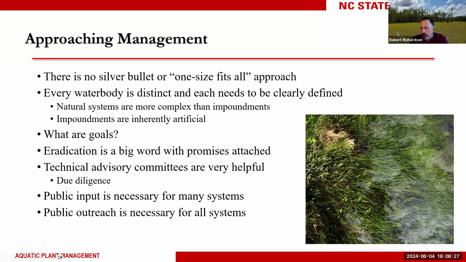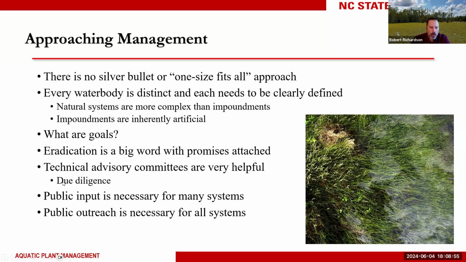What are our goals? We want to be clear and set reasonable goals. So certainly eradication is a very big word with a lot of promises attached, and we don't want to overpromise and say a weed's going to be eradicated if there's very little likelihood that that will actually happen. Certainly with Eurasian water milfoil in the eastern part of North Carolina, eradication is probably not a realistic goal on any size or scope.